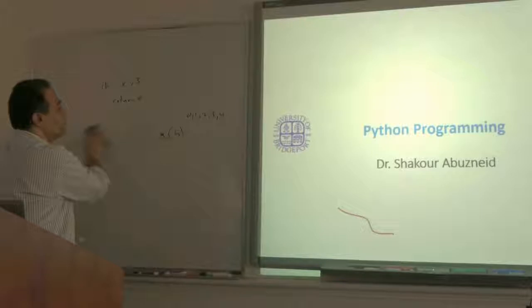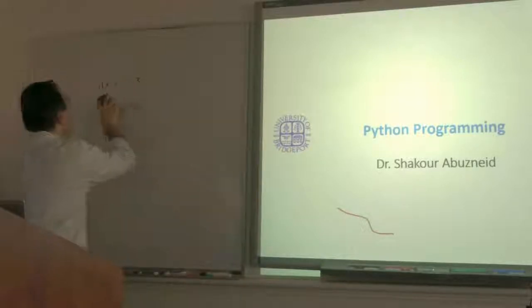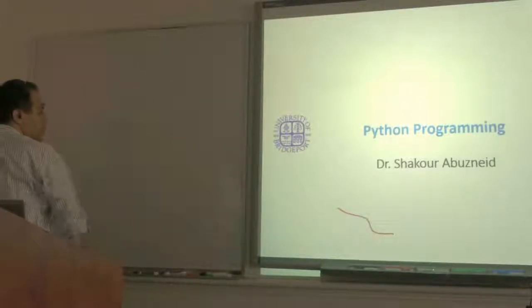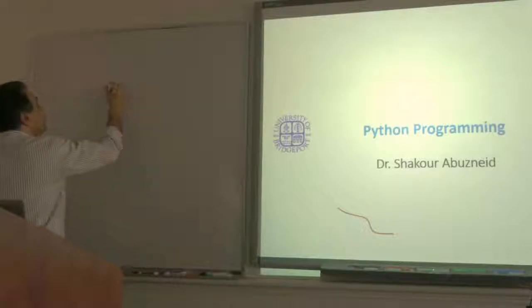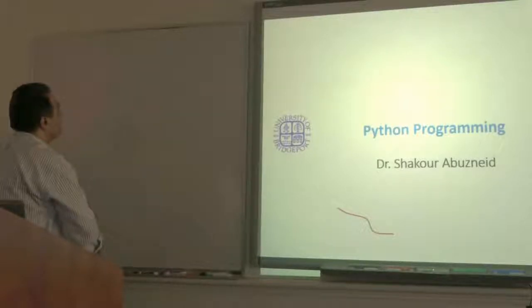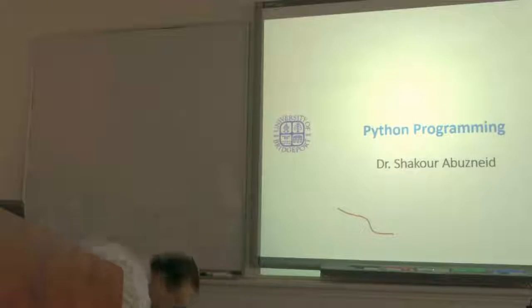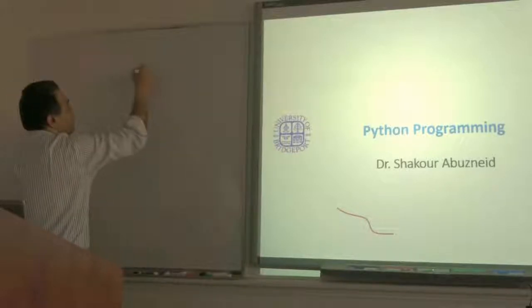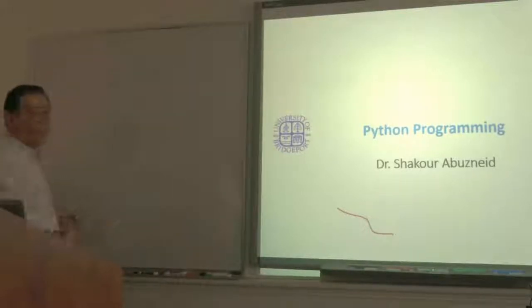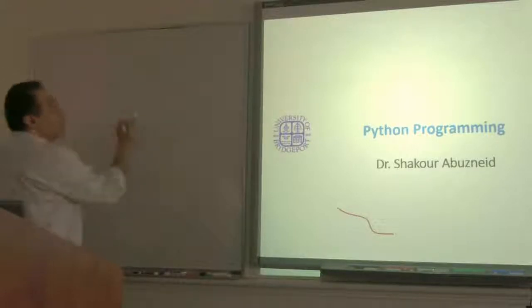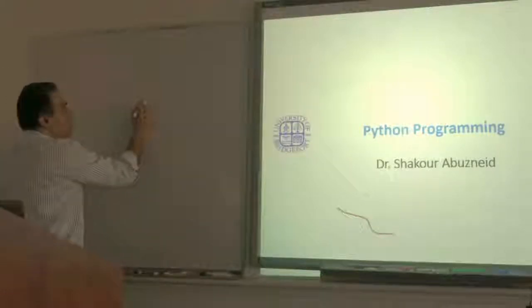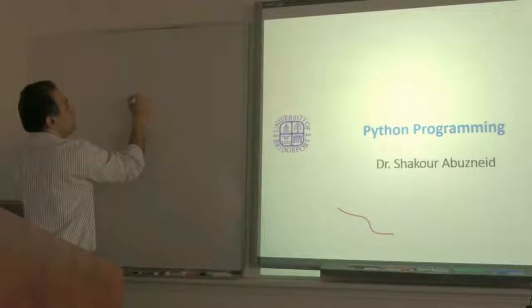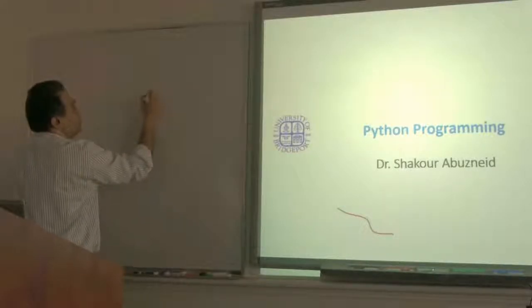What else? We learned about if, and we learned about while. While true, colon. What will happen? We keep looping. So while true, x equals x plus 1.